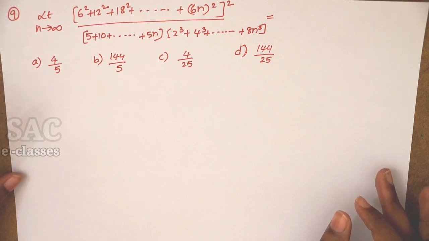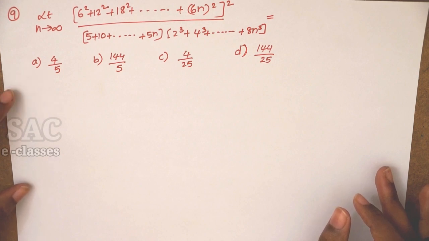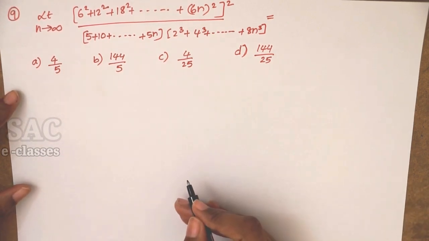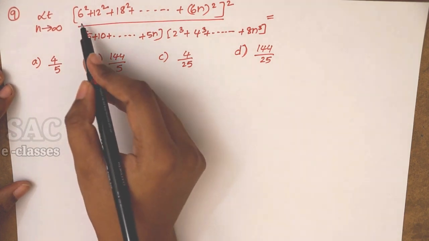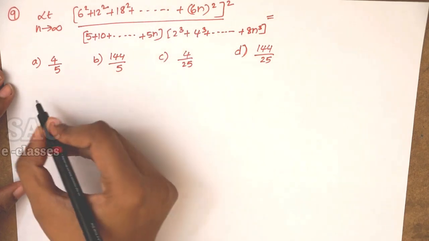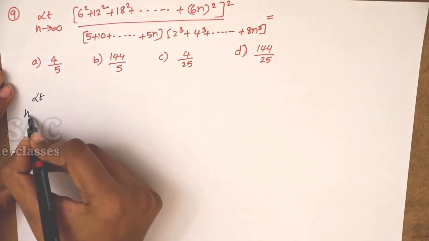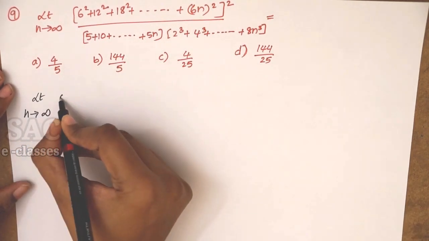Limit n tends to infinity, (6 square plus 12 square plus 18 square and so on, 6n) whole square, and some denominator is given. First of all, if you observe, what we can do here is take out 6 square as common from the numerator. So limit n tends to infinity.